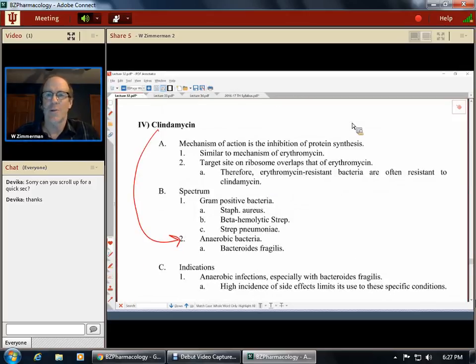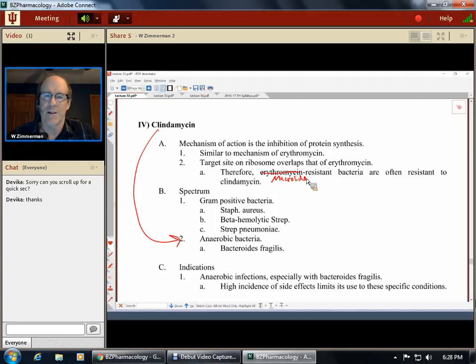Clindamycin is very similar to the macrolides. It even overlaps binding site with erythromycin. I say erythromycin resistant, but I could just say macrolide resistant. Bacteria that are resistant to macrolides are often going to be resistant to clindamycin. And the spectrum here, I don't care so much about the spectrum.